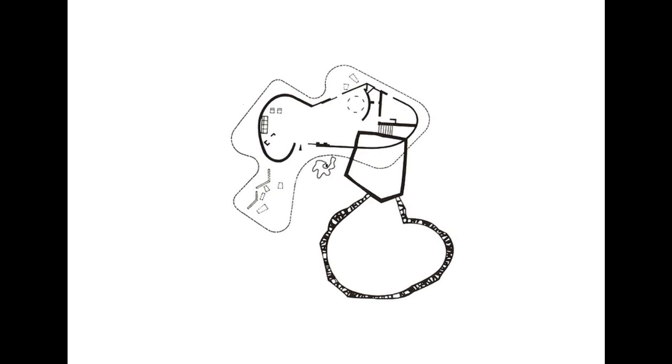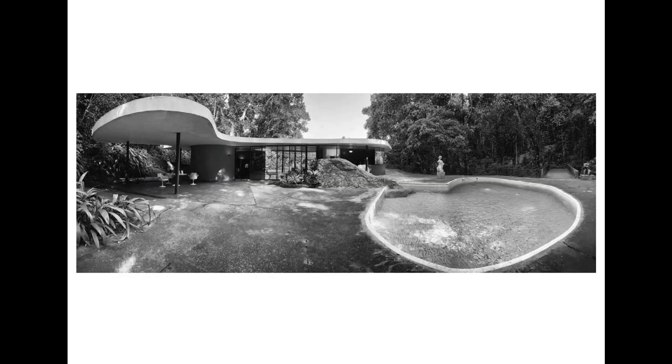Niemeyer purposely created the living spaces to sit in shadow so there would be no need for curtains. This in turn allowed the home to be transparent.